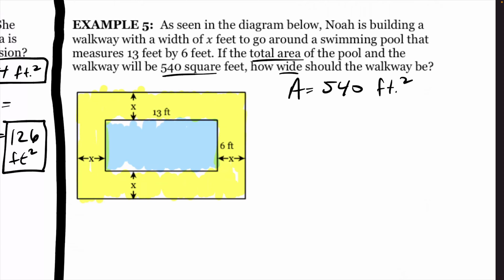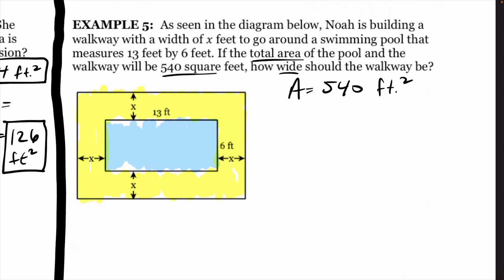How did they come up with 540 feet squared?